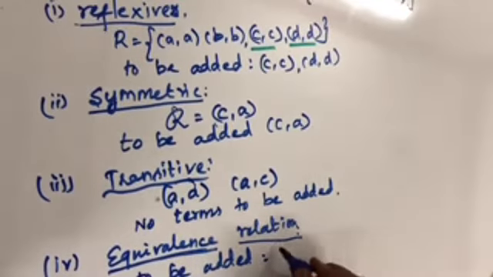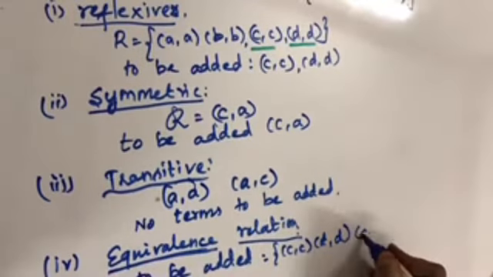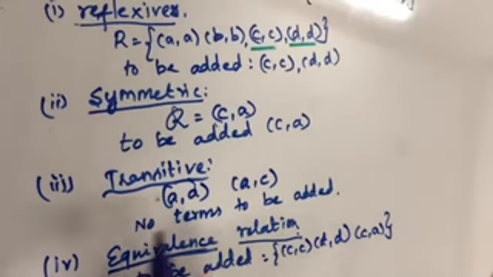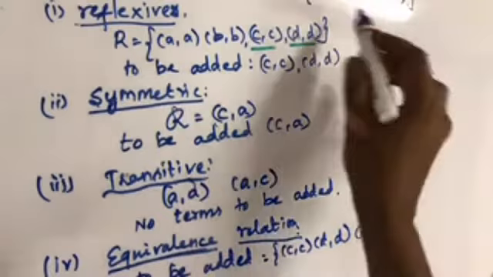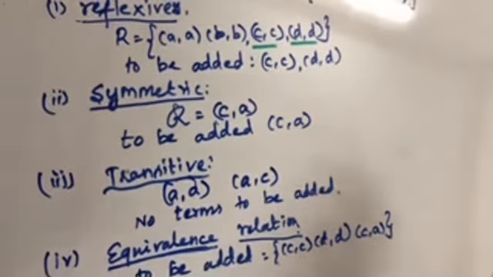So we have to add (C, C), (D, D), and (C, A). Here to make it transitive, no terms need to be added. So to make this relation an equivalence relation, we have to add these three terms. Okay, now it is an equivalence relation.